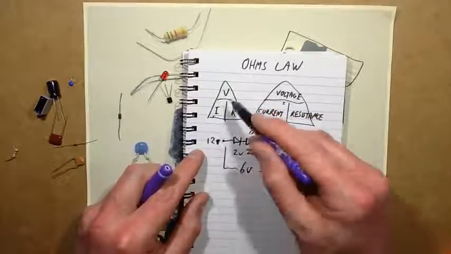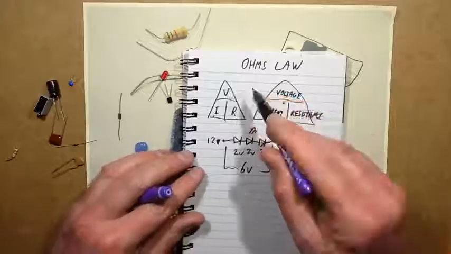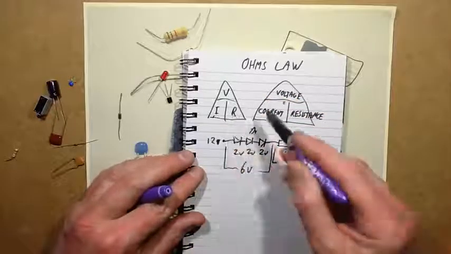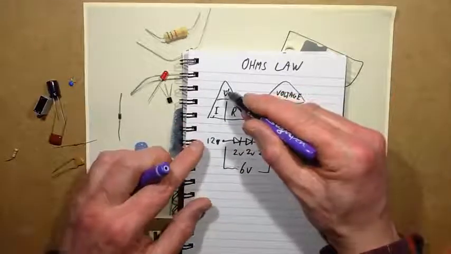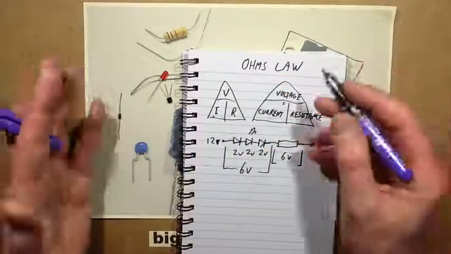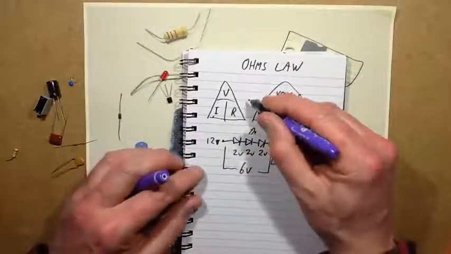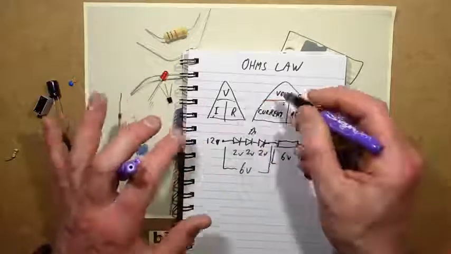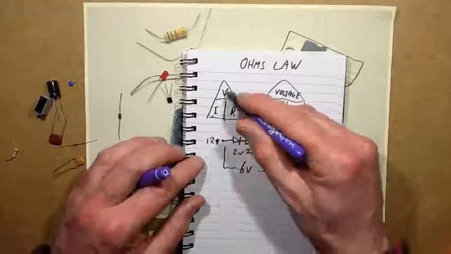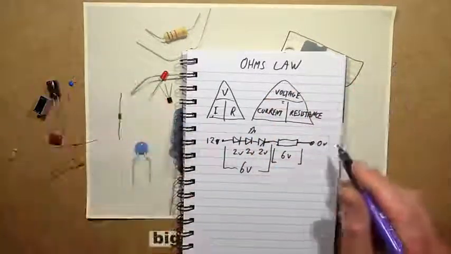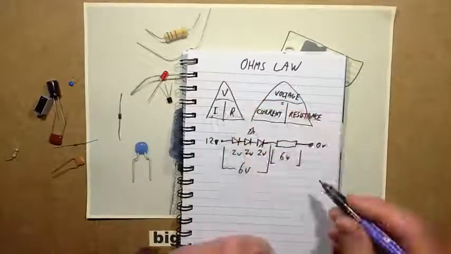That's why I've drawn in the triangle here. Voltage equals current times resistance, and for the other ones, you divide the one above it, much as you'd write it in a mathematical formula. R equals V over I and I equals V over R. It's just an easy way to remember how they relate to each other.